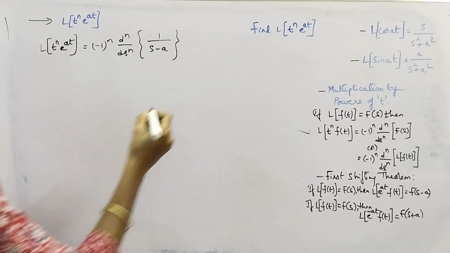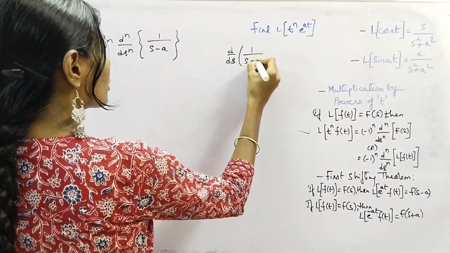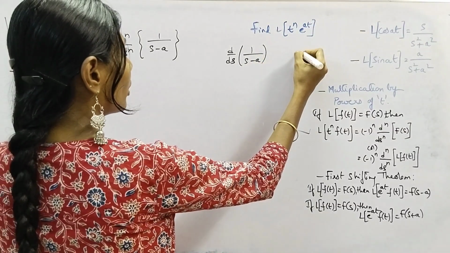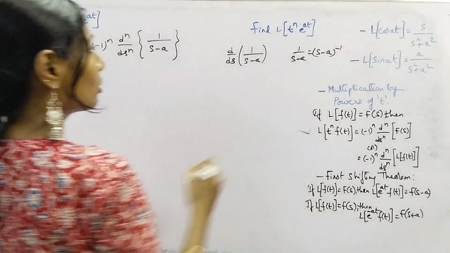Now let's find the first derivative of 1 by s minus a. You can write 1 by s minus a as s minus a power minus 1.